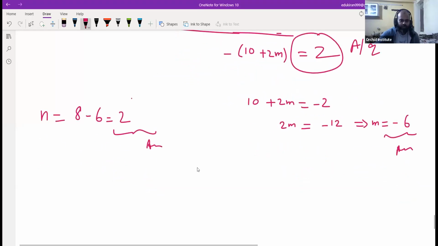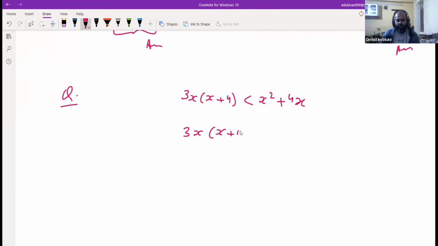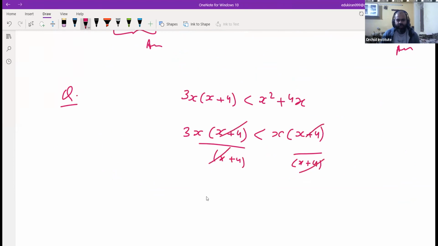Solve 3x(x + 4) < x² + 4x. Apparently this is 3x(x + 4) < x(x + 4), so we can divide both sides by x + 4. It will cancel, and 3x < x. But this is wrong. Why is this wrong?